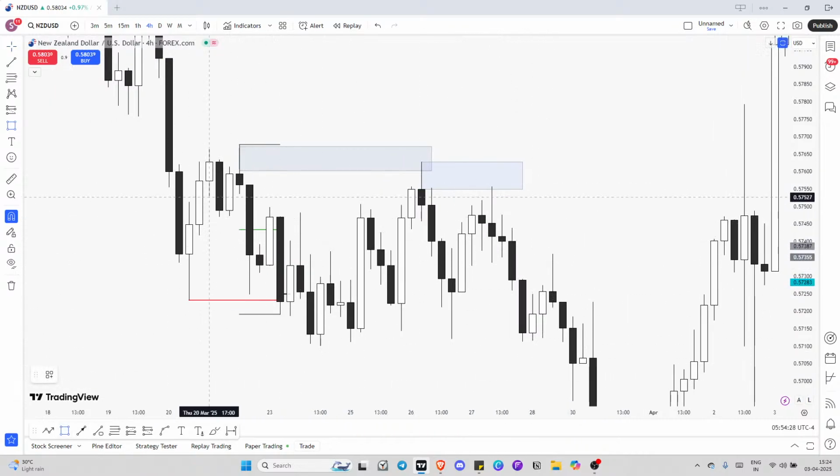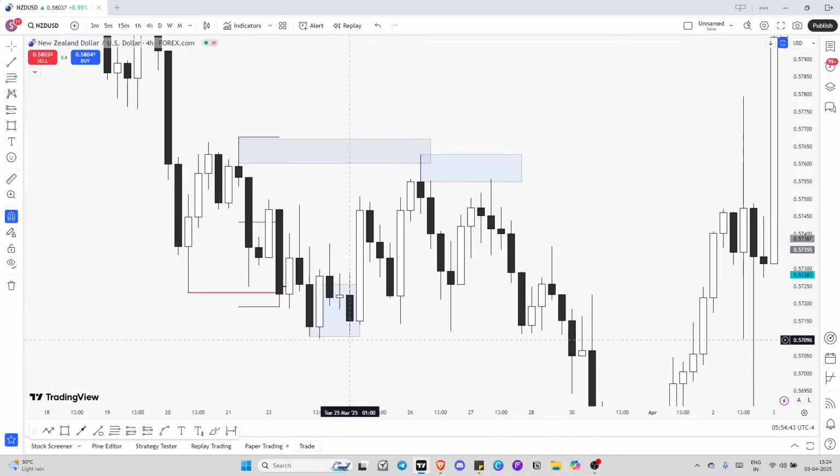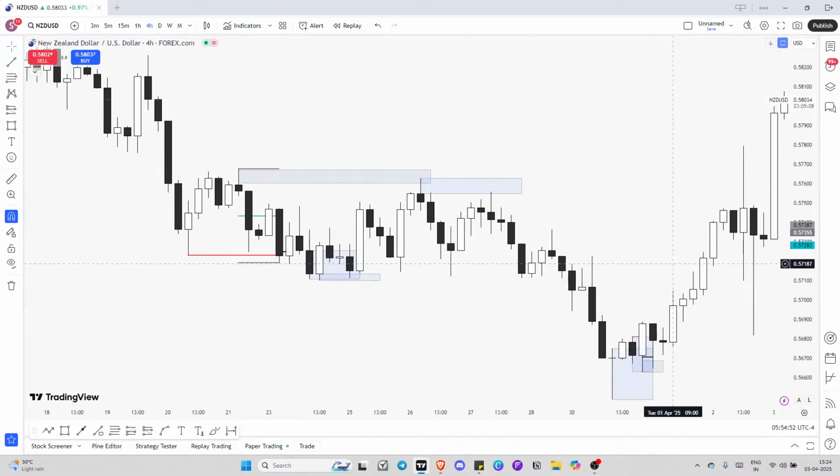Next again, and the nice one is get the last down candle before the move up, and here came back to the rejection block and upward. All right, so it's simple to understand.